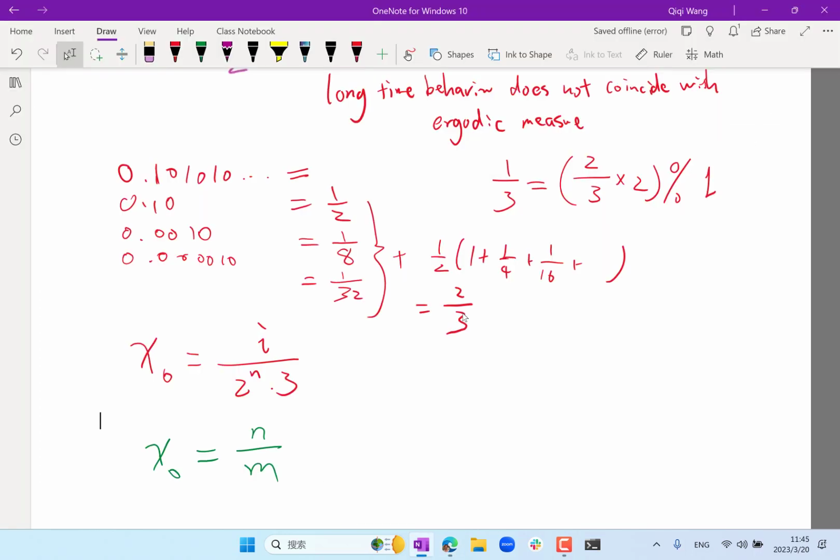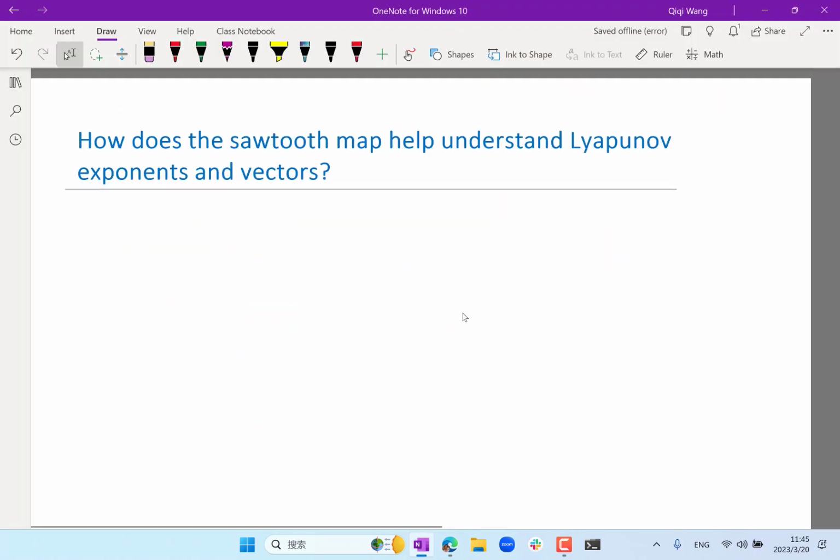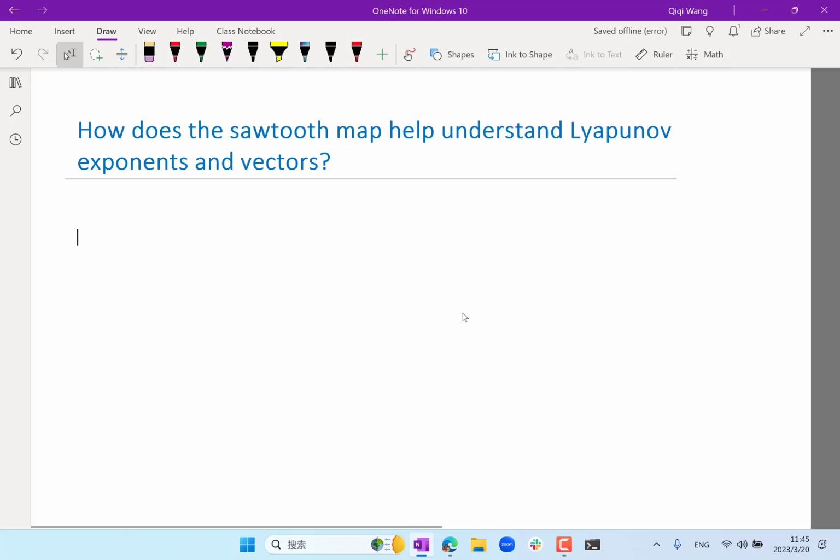All right. So how does it help understand the Lyapunov exponents and vectors? Of course, lambda is just going to be log 2, because we are expanding by a factor of 2. And for a discrete map, if you have a contraction by a factor of 2 every step, you would have a Lyapunov exponent equal to minus log 2.